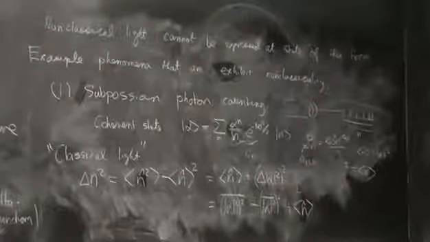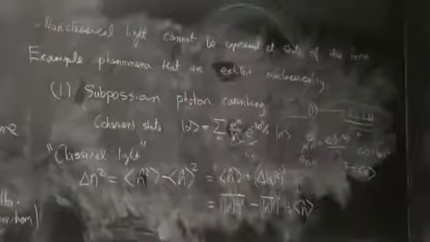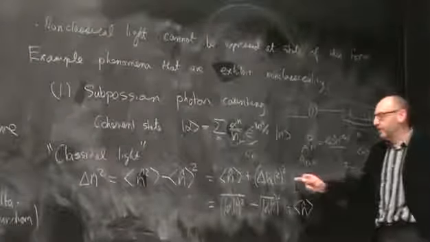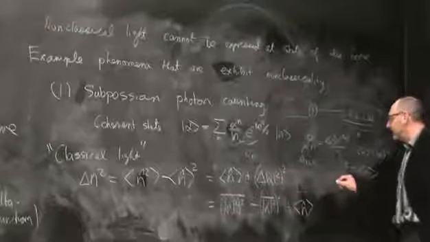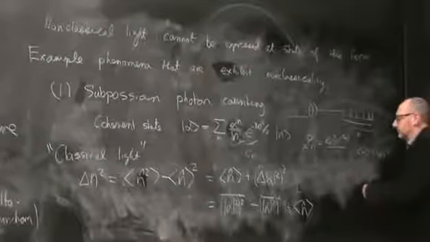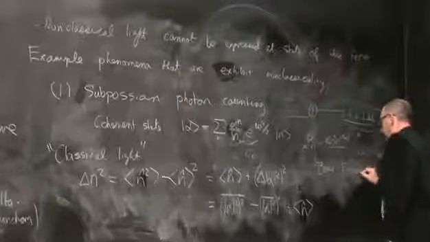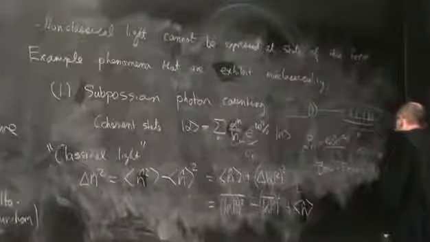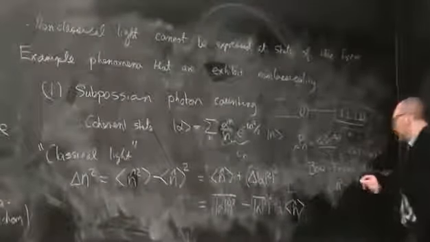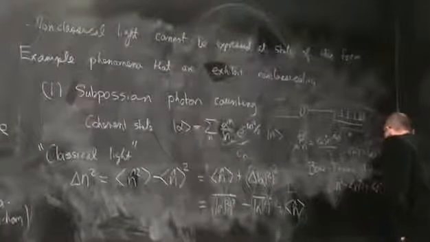So that kind of makes sense. And actually it was noticed by Einstein in the derivation of the Bose-Einstein statistics, because for a thermal distribution, for a Bose-Einstein distribution, which you will remind yourself about in homework, what you find is that the fluctuation in number is equal to average n plus the average of n squared.